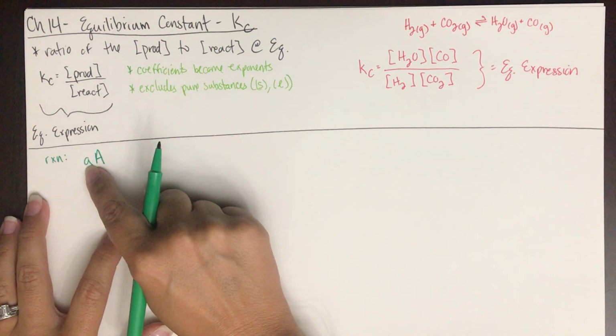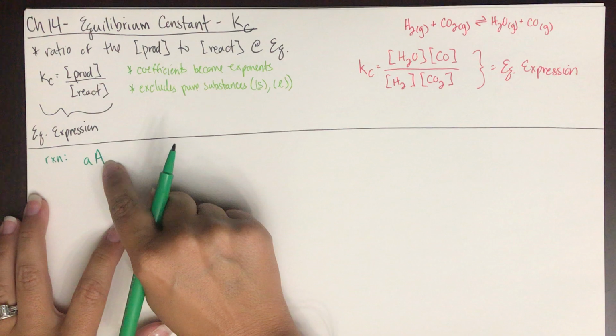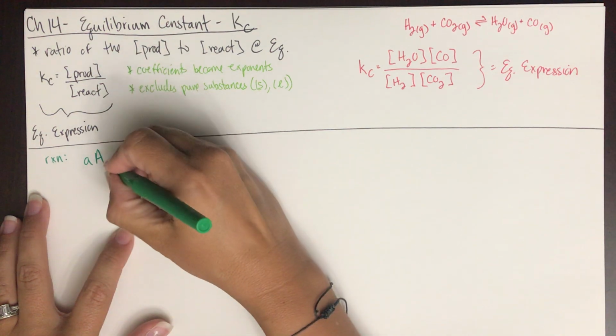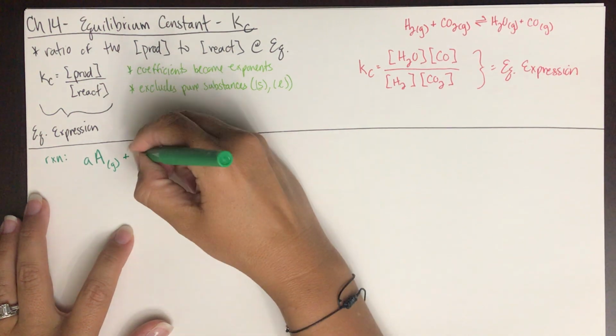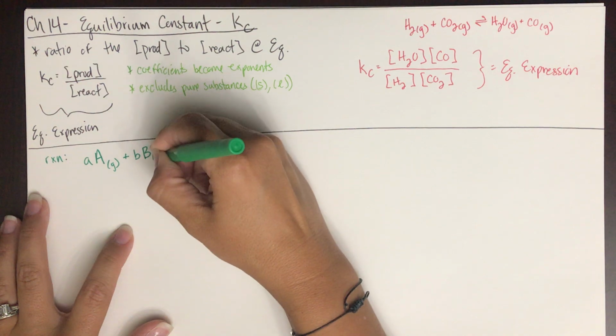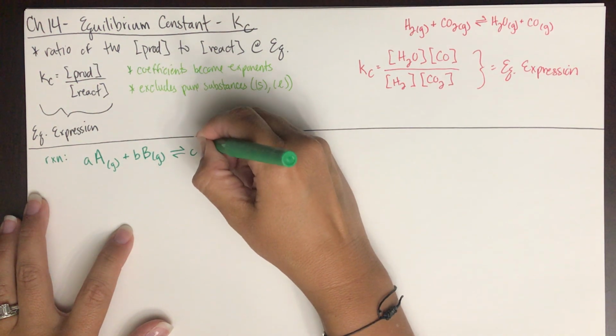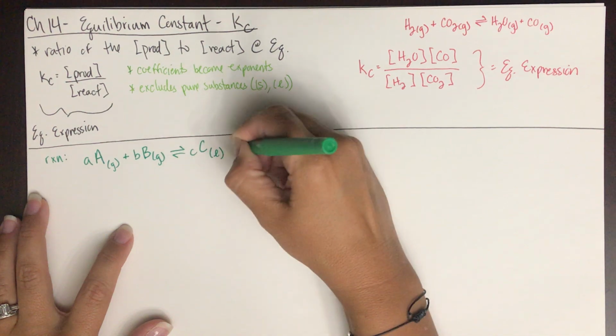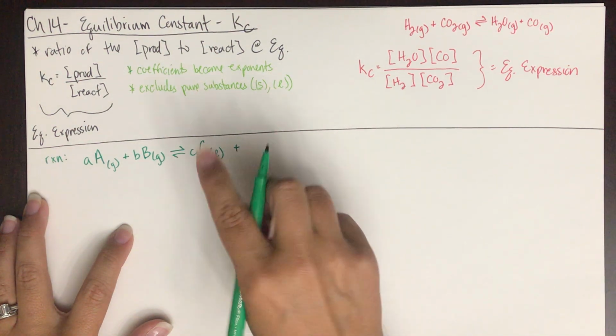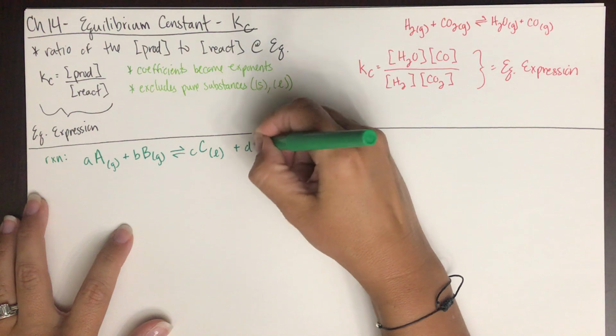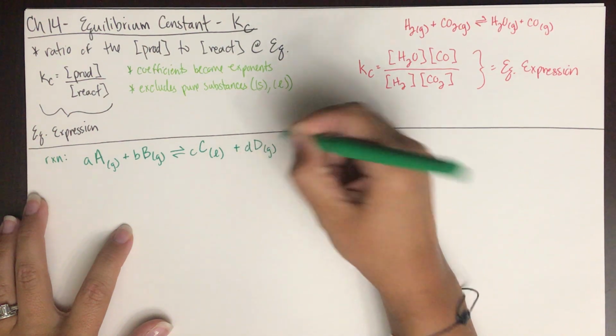So then A, this is the coefficient, and then this would be the element or the compound. And then CC, this is a liquid, plus DD, which is a gas.